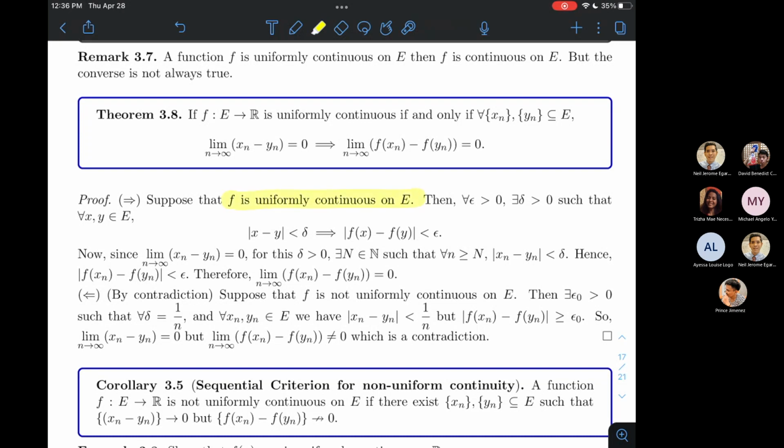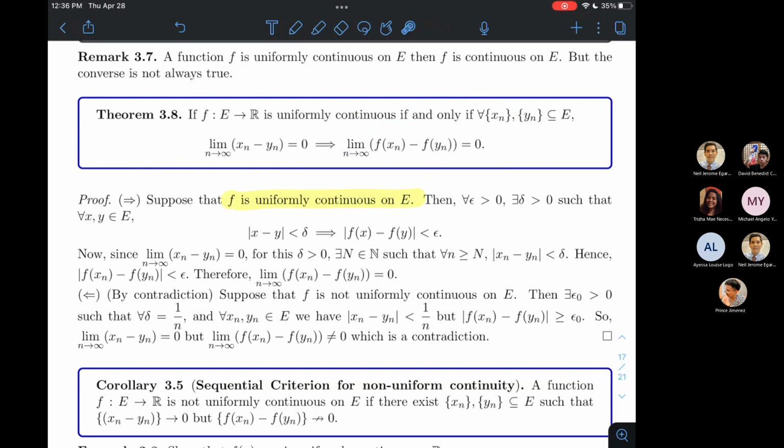Okay? Tapos gusto nating ipakita na pag nag-consider ako ng kahit na anong dalawang sequence such that the limit of the difference of the members of those sequences ay nagko-converge kay 0, then automatic dapat magpa-follow na yung sequence ng difference ng mga function values ay magko-converge din kay 0.